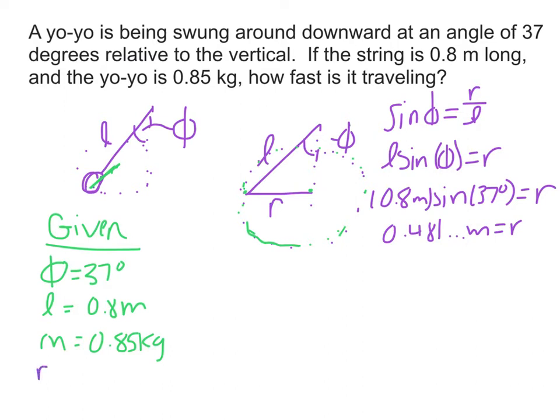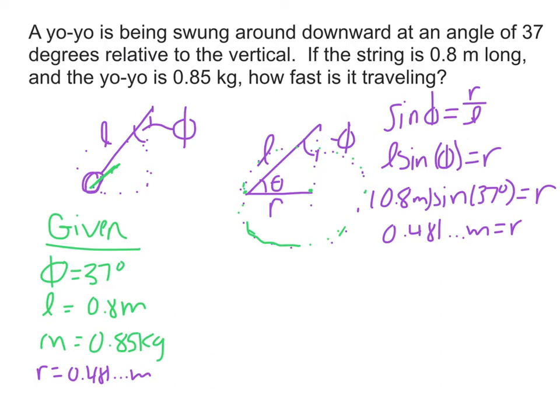So we know that our radius now is 0.481 keeps on going meters. Again, we want to use the unrounded number. I could have also used cosine. So if this is my triangle, this is the angle phi. The angle relative to the x is theta.